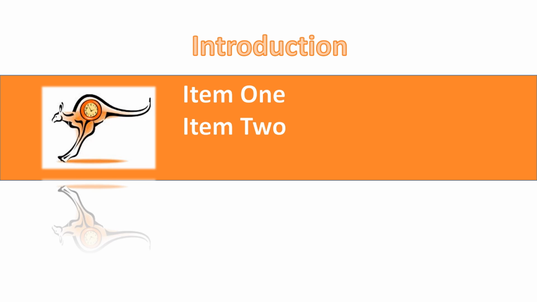Click for an introduction. Click to bring up item 1, item 2, item 3. Wait, click again. Bring in the animated object text using the line, followed by the kangaroo graphic using the line animation.